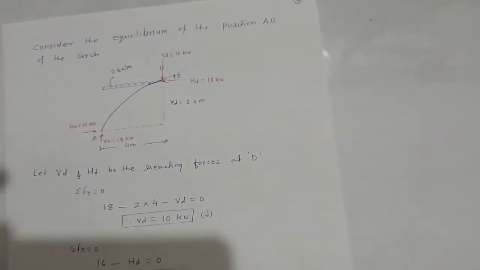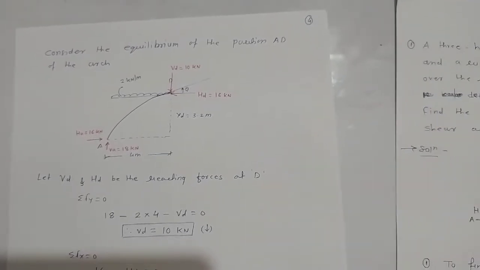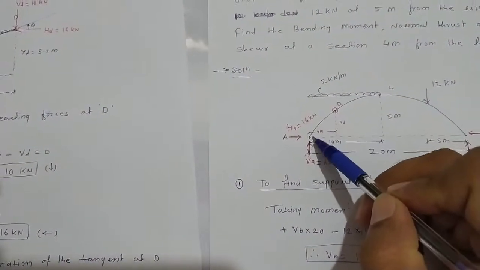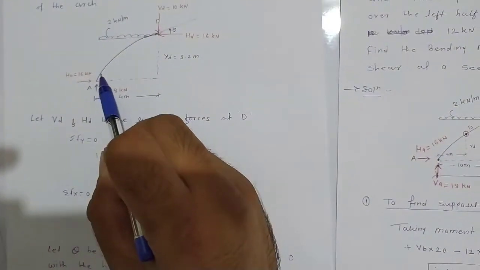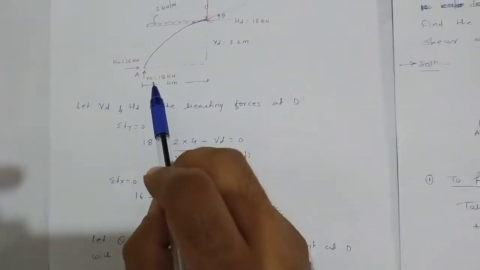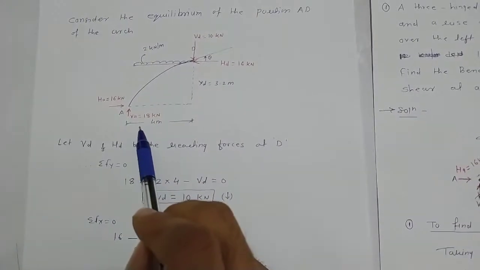Now next, consider the equilibrium of portion AD. We will consider only this much of portion, that is AD. So first draw a line AD, only this portion. The two reactions at point A are 16 kilonewton and 18 kilonewton.